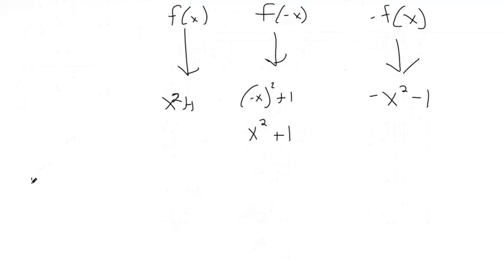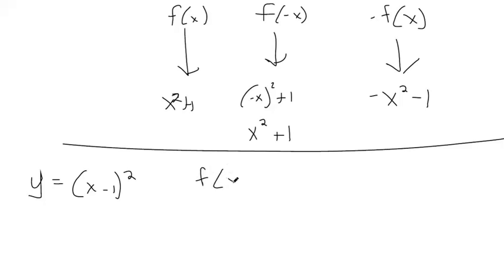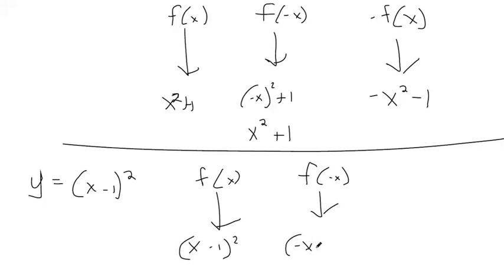And here, one more. Let's do y equals x minus 1 squared. So my f of x is x minus 1 squared. My f of negative x is a little bit more complicated this time. If I replace x with negative x, I can't use my squaring trick because I have to subtract 1 in there.